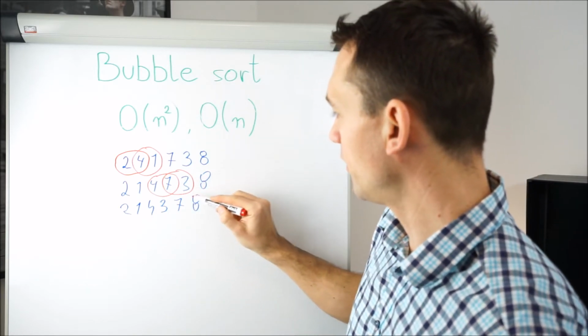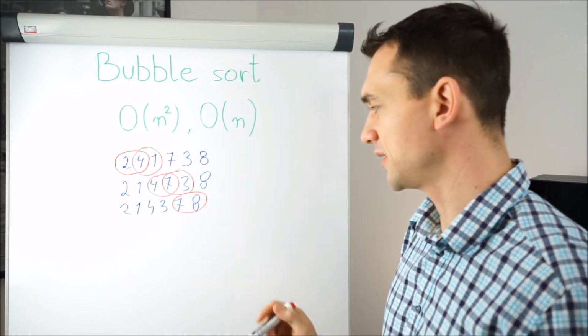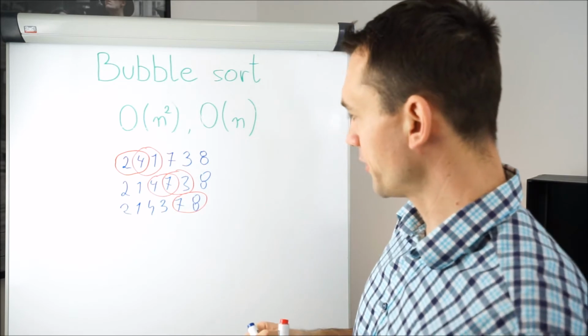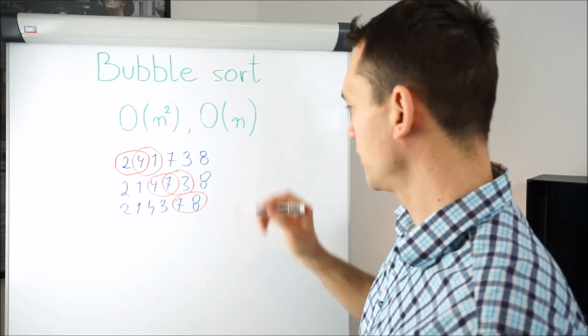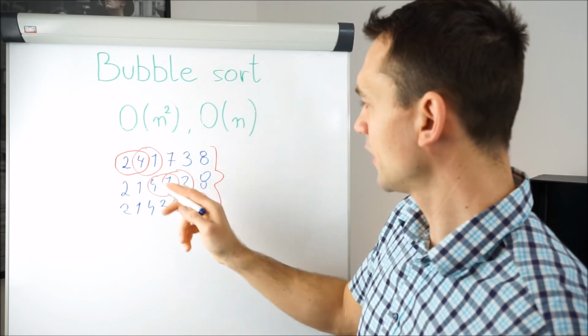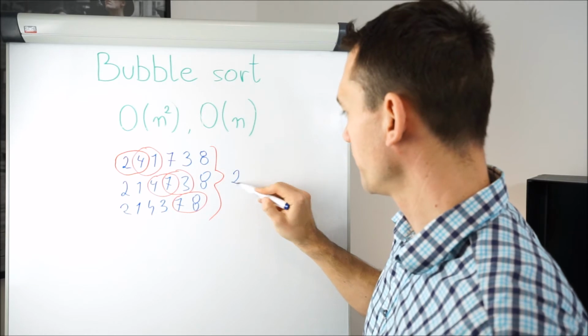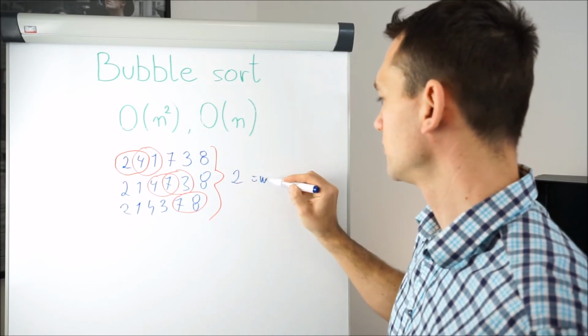And we end up on the last pair, which is okay because 7 is less than 8. So for this particular iteration, we had 2 swaps, just 2 swaps.